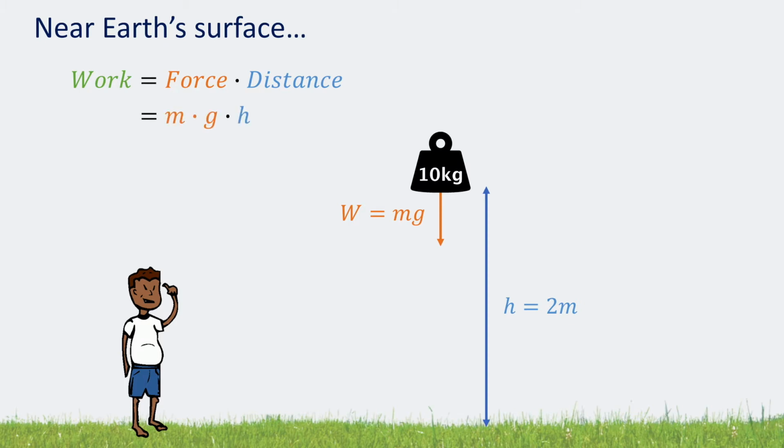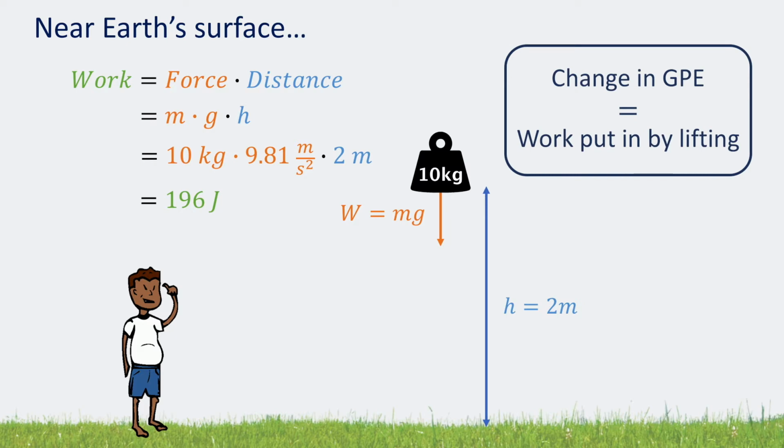So, we have that work is equal to mg, the force, times h, which is equal to 10 times 9.81 times 2 meters, which is equal to 196 joules. This change in gravitational potential energy is the work that we put in by lifting the object. So the weight has now gained 196 joules in gravitational potential energy that can be released by lowering it again.